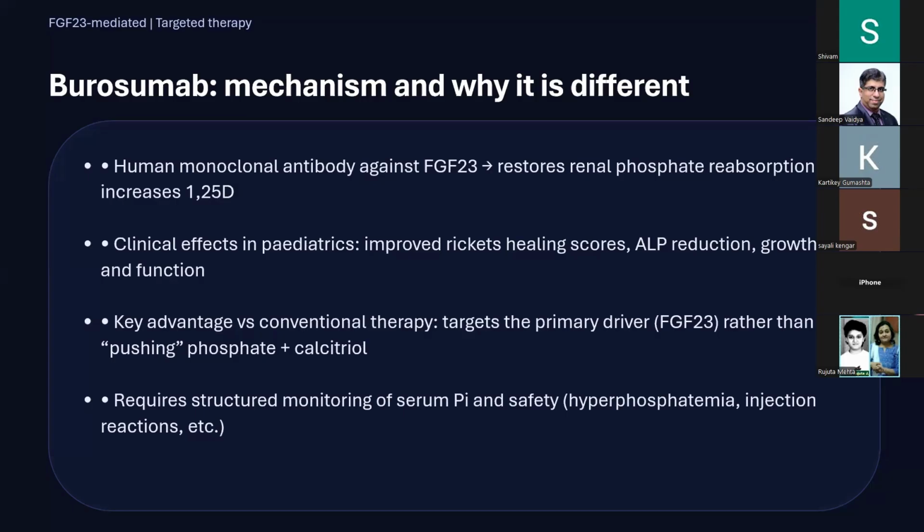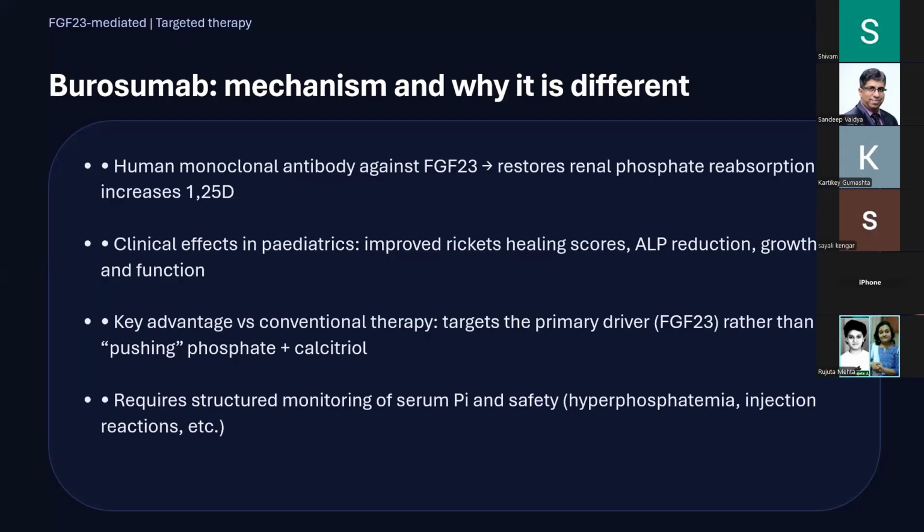So burosumab is a drug that has come up, and it is basically a human monoclonal antibody which acts against FGF23. Thus, it restores renal phosphate reabsorption and increases the active vitamin D. And clinical effects are proven in ways that it shows improved healing scores, alkaline phosphatase gets reduced, and growth and function are resumed slowly, gradually.